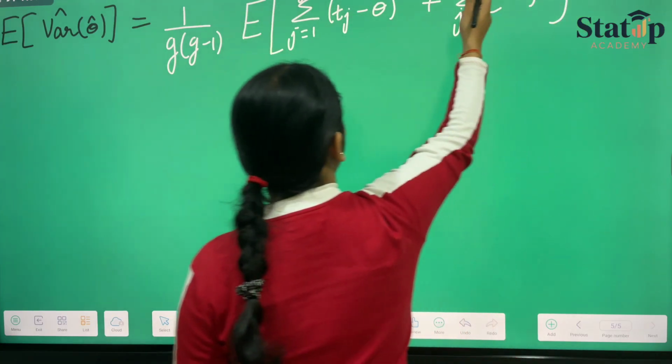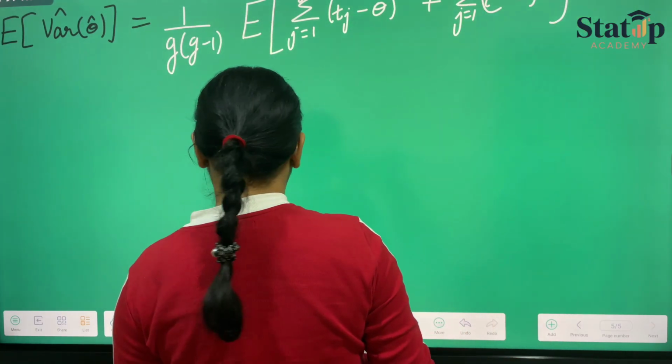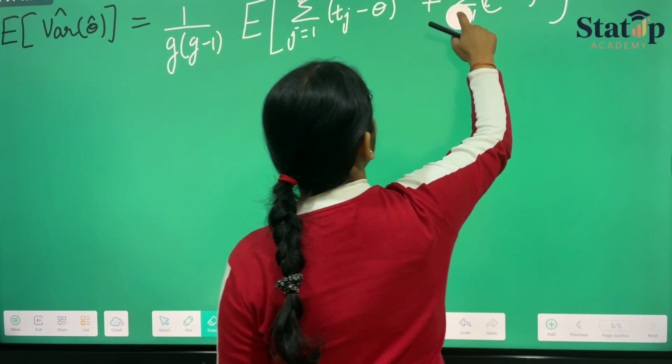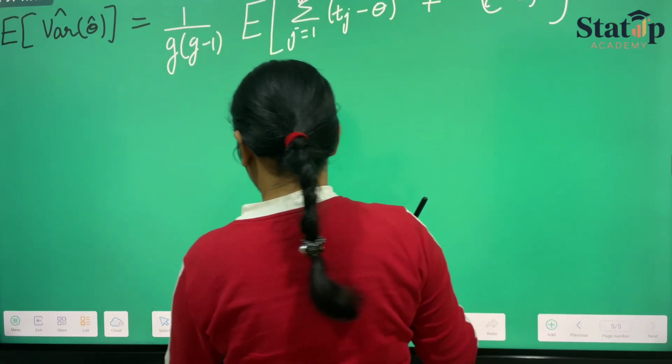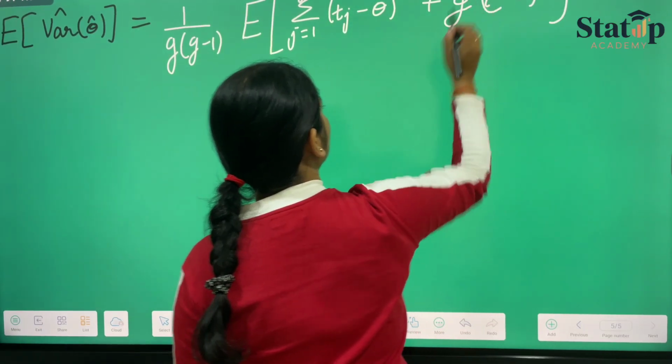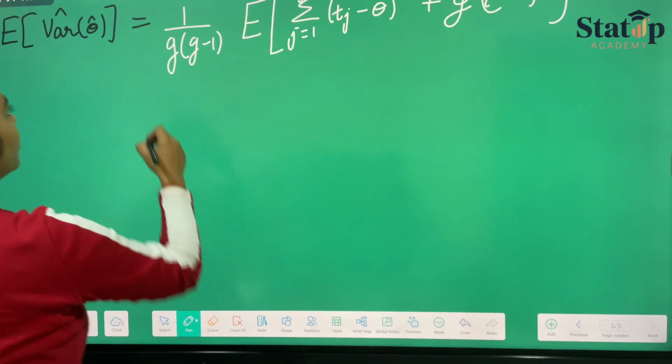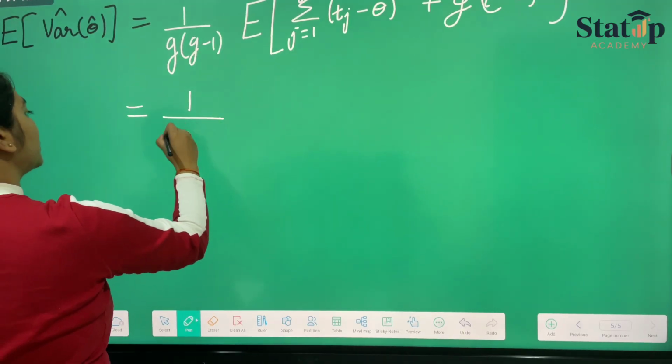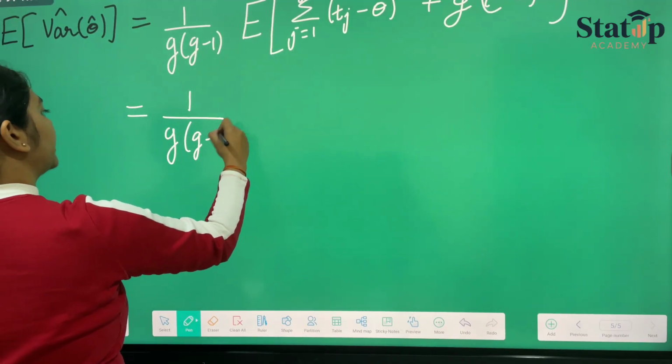Now here there is no j value, so instead of summation, we can directly write g. So I've written g here. So this is nothing but 1 upon g minus 1.